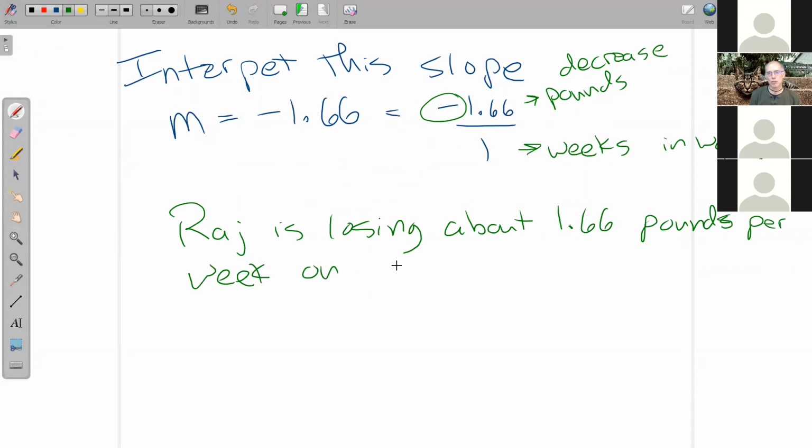And this is on average, right? He's not losing exactly that much each day, but roughly. So I'm going to say on average. Because we looked at the fourth week, we looked at the first half of a week, but we don't have any information what happened in between. We just kind of averaged it out when we did the subtractions and the division on this weight loss program.